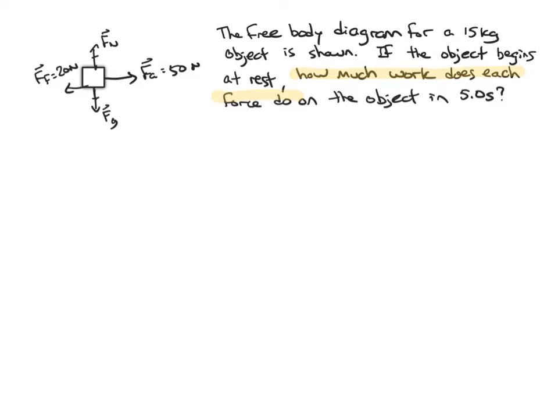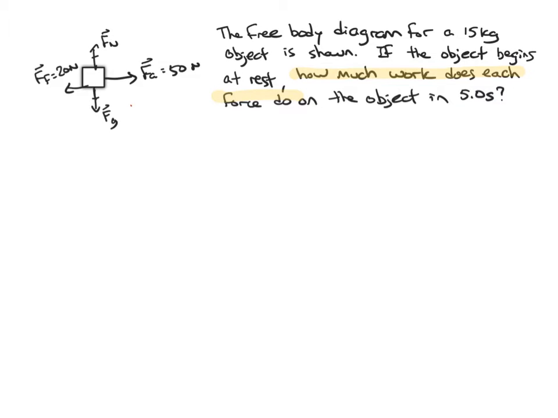So the answer for 2 of those is actually going to be really quick. I'm thinking about the gravity and the normal force. The object moves towards the right. Because gravity and normal cancel out, we have 50 newtons of applied force to the right and 20 newtons of friction resisting that to the left.